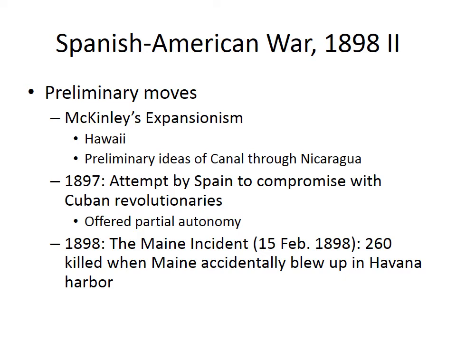Now, preliminary moves, we looked already at McKinley's expansion, the expansion into Hawaii. The preliminary idea is already the United States is starting to think, and again, this is to protect and project towards Asia, their interests in Asia, that it's becoming more and more difficult to go around Cape Horn. Cape Horn lies at the bottom of South America. It becomes more and more logistically difficult to project force. That's an awful long supply line.